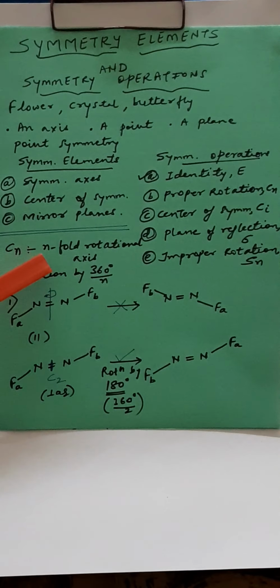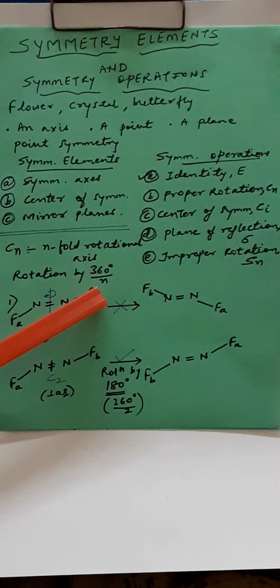So we'll now concentrate on the second type of symmetry operation, that is proper rotational axis. It's also called n-fold rotational axis of symmetry. In this case, we are rotating the molecule by 360 degree upon n, or 360 degree divided by n. Now what is this n specified in Cn? I can say this n is the number of times I have to rotate my molecule through a particular angle.